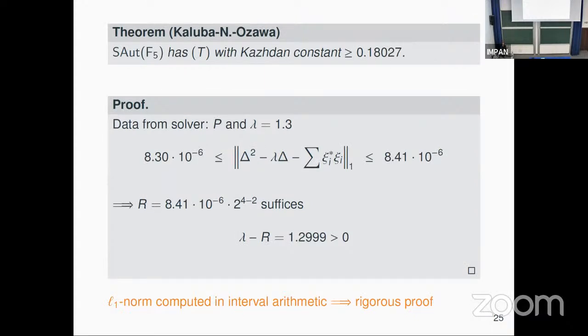Okay, so this is actually how it worked. The data from the solver was the matrix P, lambda was 1.3. Here was the estimate on the L1 norm, and it's important, I didn't mention this before, that the L1 norm here is computed in interval arithmetic. This is what gives a rigorous proof here.